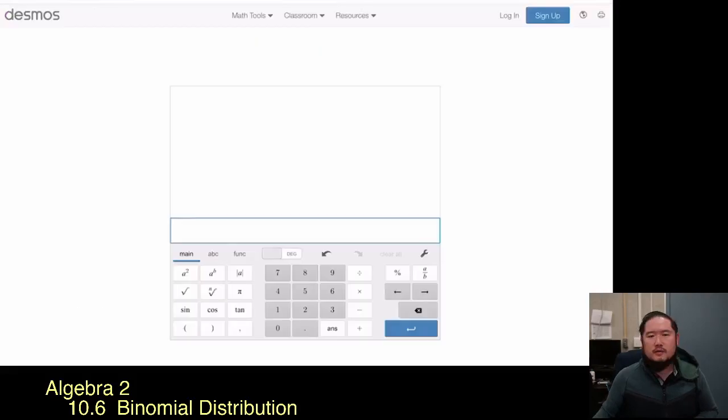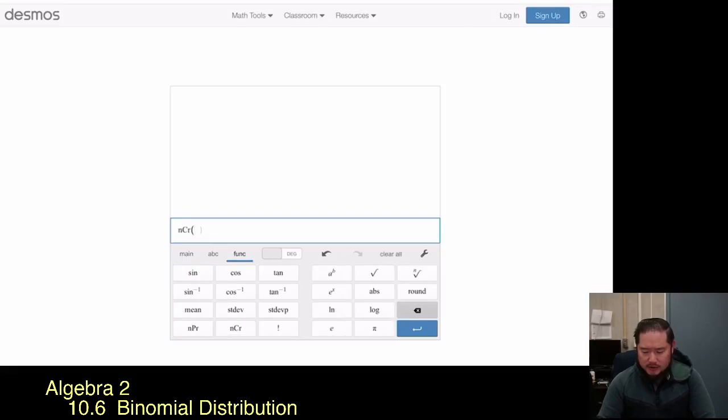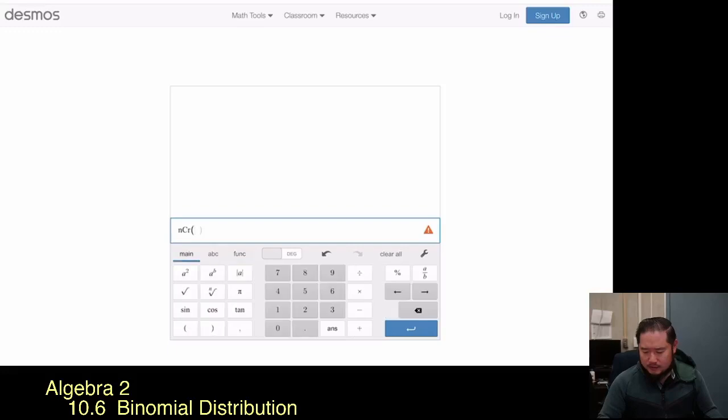So over here on Desmos, we're dealing with combination, so I'll press the combination button. We have 20, comma 19. Okay, so that's the first part. Let's close it up.